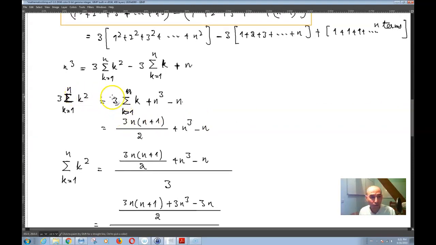3 times sigma k squared minus 3 times sigma k plus n, right?